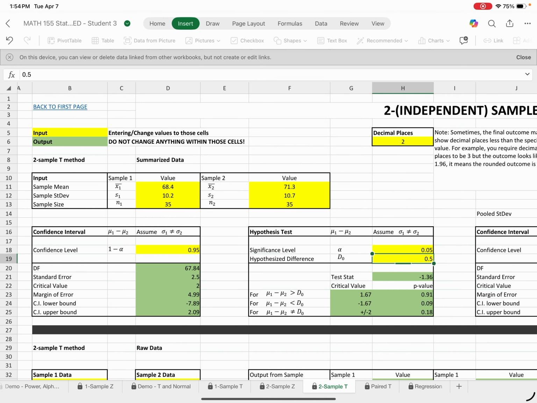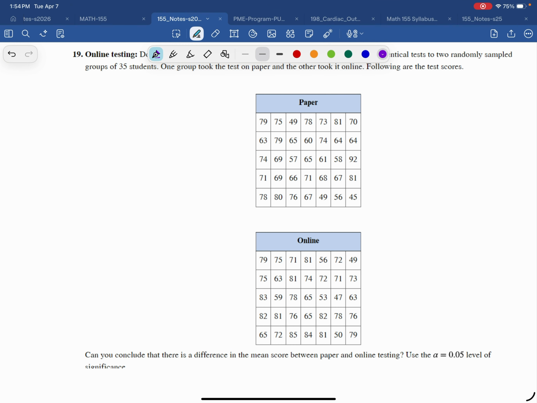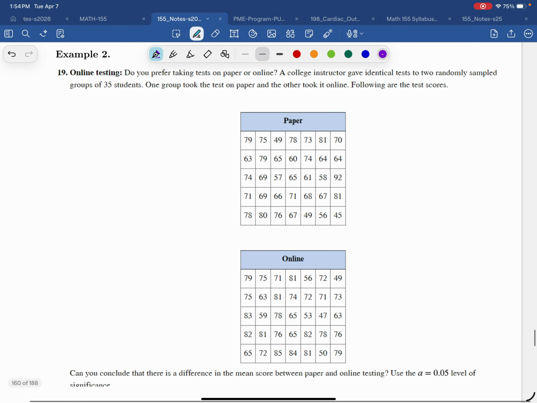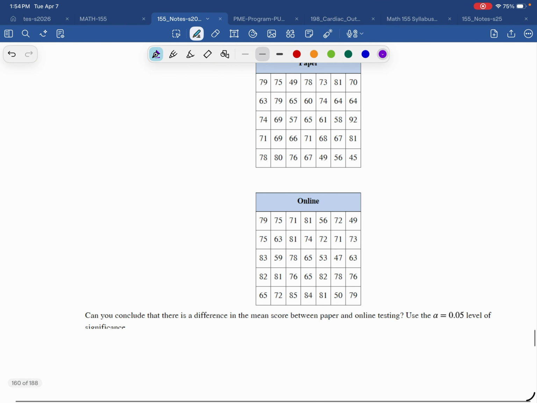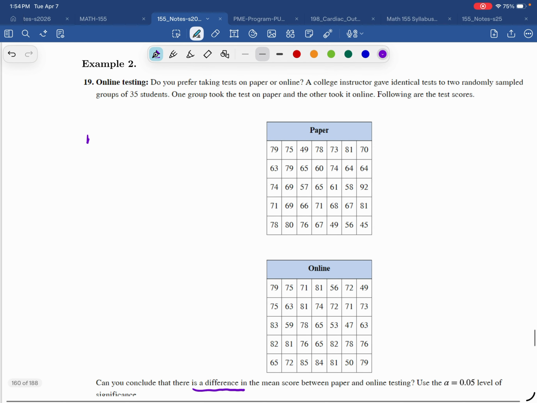But we're going to hypothesize that the difference is 0, because if we take a look at what we were saying, it's can you conclude there is a difference? So just want to reiterate that we have that N1 equals 35 equals N2.